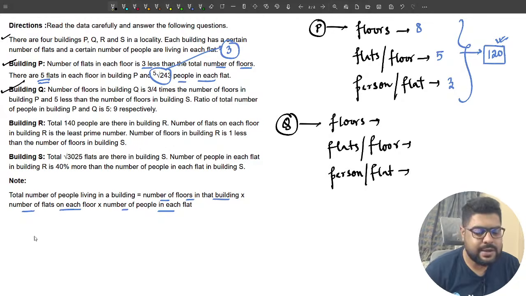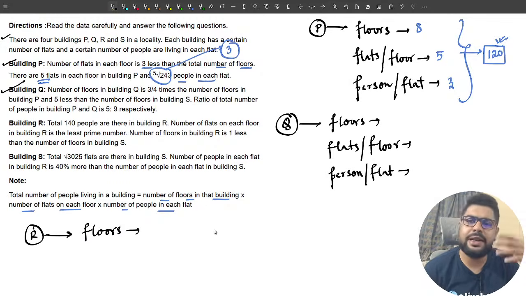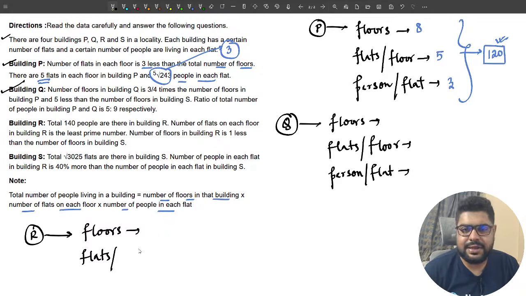Also, let's take R as well. You could have written it down in the form of a table as well, but this also works. Ultimately, the information is what we need.